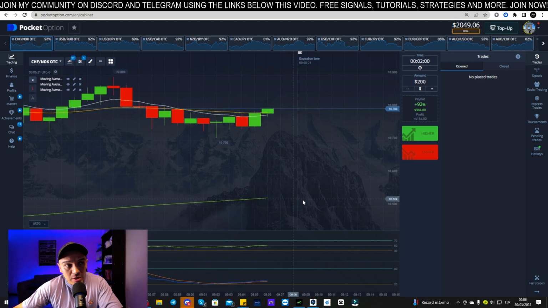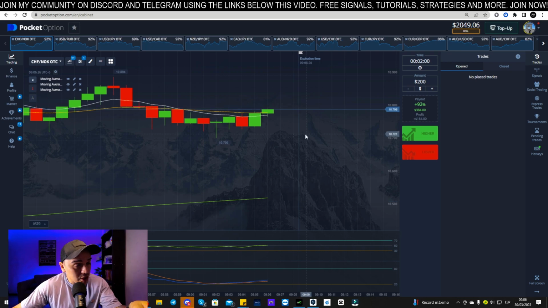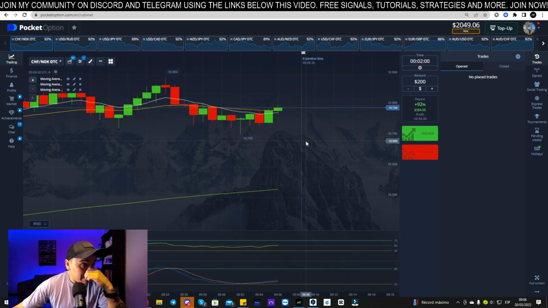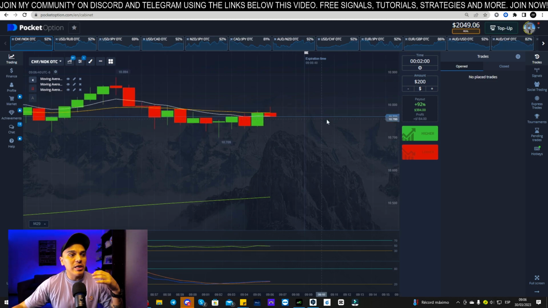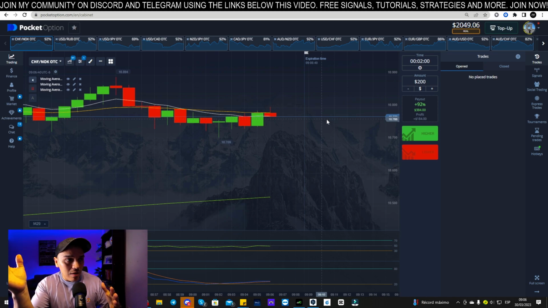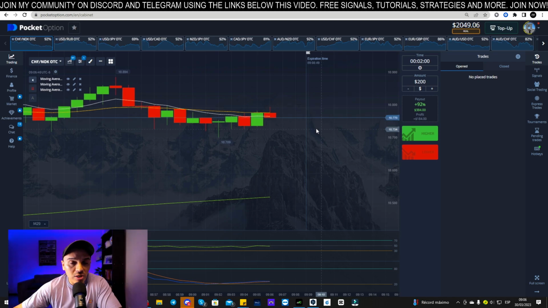The admin looks at the market too and says stay tuned, and the moment the moving averages cross, you can trade, and that's it. We are waiting for that. If they don't cross, never take the trade, even if the admin says trade for the next candle. Sometimes the admin is going to try to predict what's going to happen, because inside the day trading signals group we have newbies.